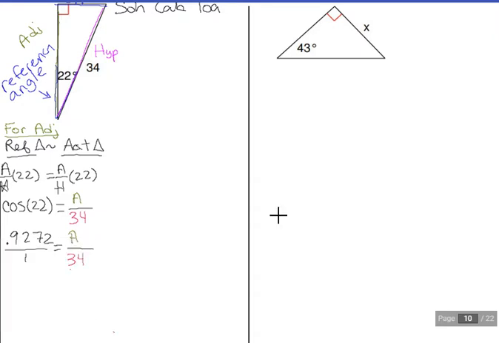So we cross multiply and solve for A. Then we have an approximate A value of 31.525. Doing a quick check, that is going to be smaller than my hypotenuse. Not a lot smaller, but it does fit within the hinge theorem.